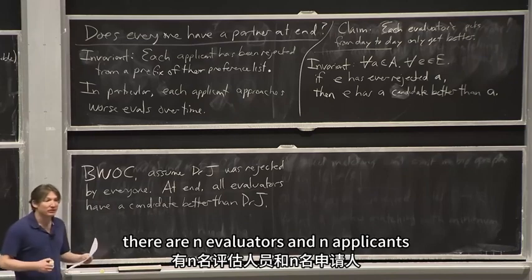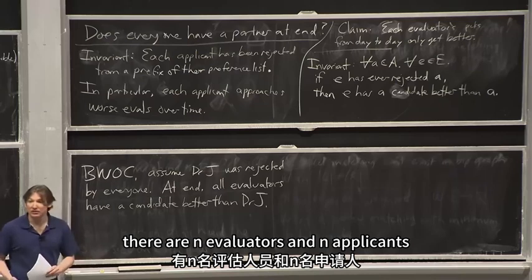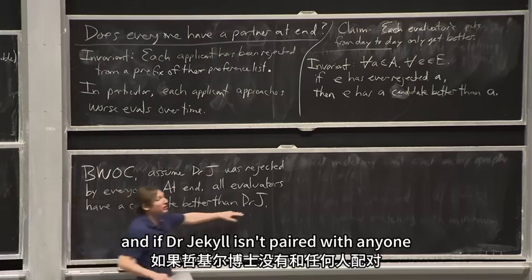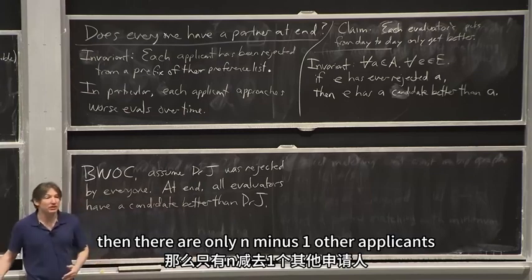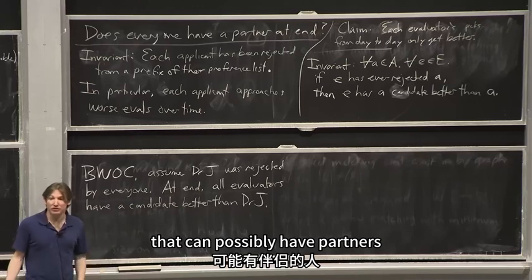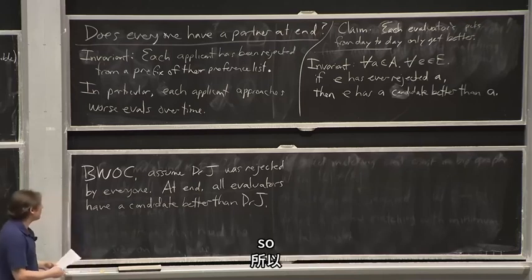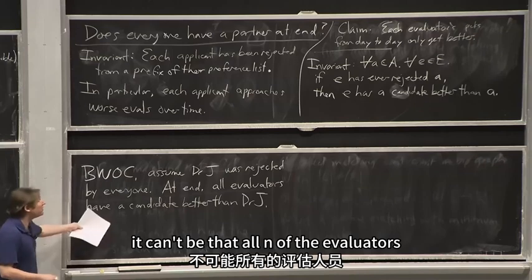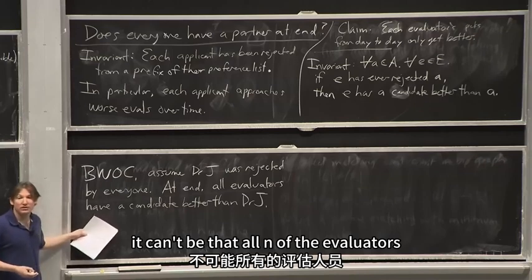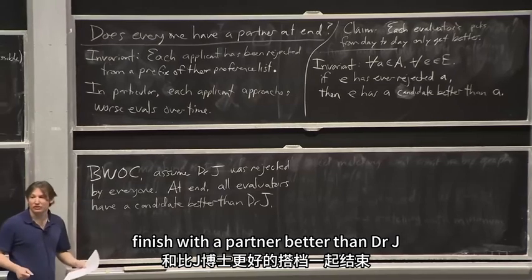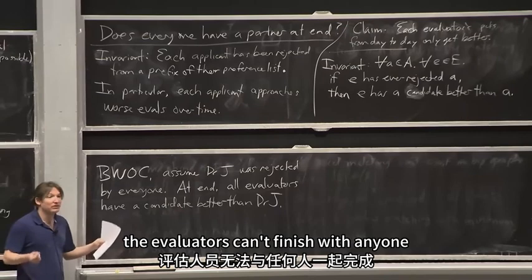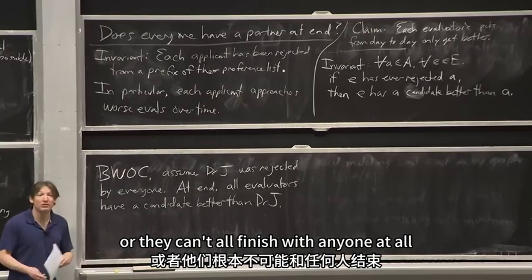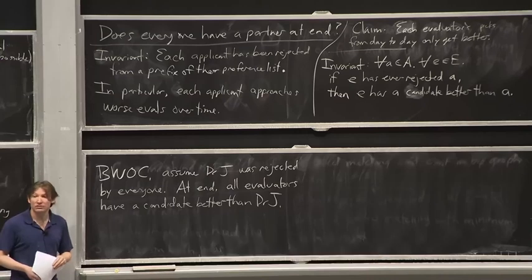There are n evaluators and n applicants, and if Dr. Jekyll isn't paired with anyone, then there are only n minus 1 other applicants that can possibly have partners. So it can't be that all n of the evaluators finish with a partner better than Dr. J, because all n of the evaluators can't finish with anyone, right?